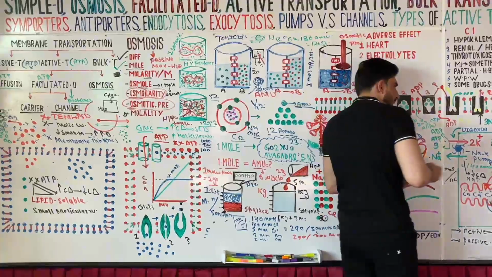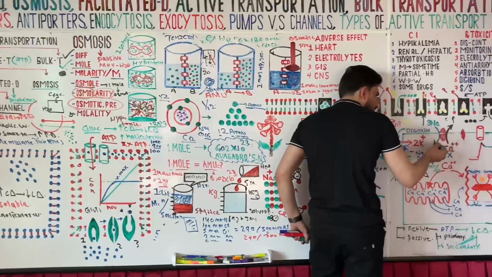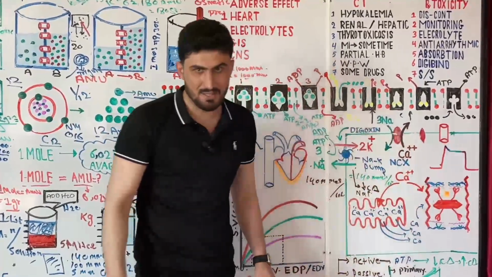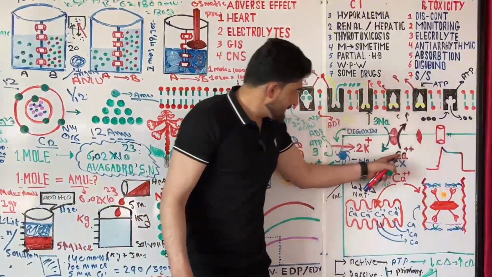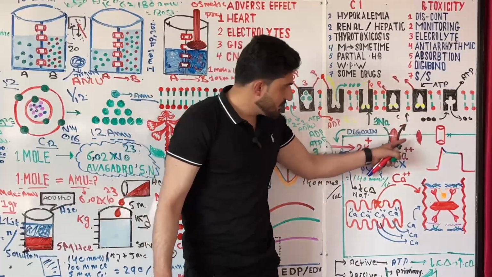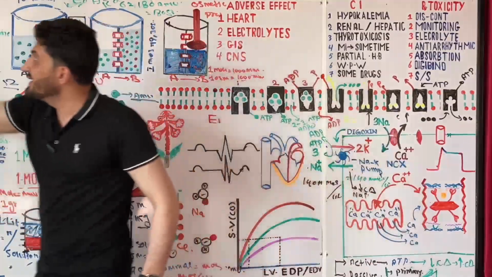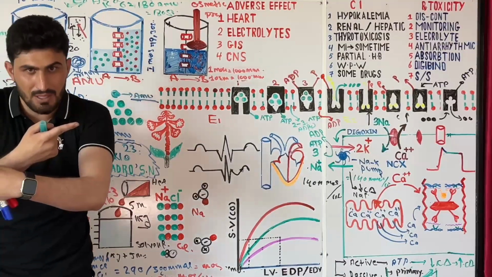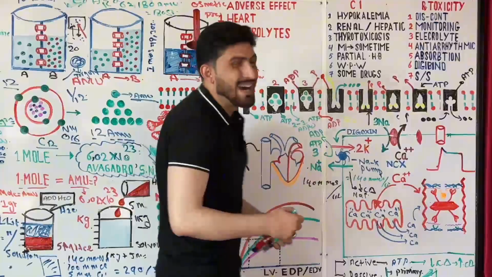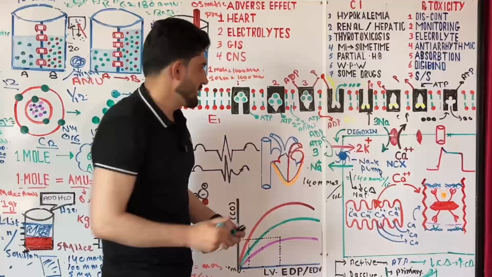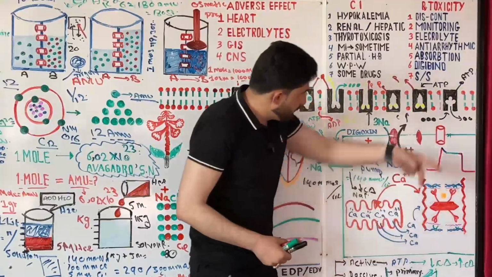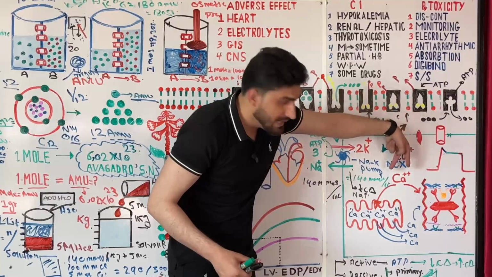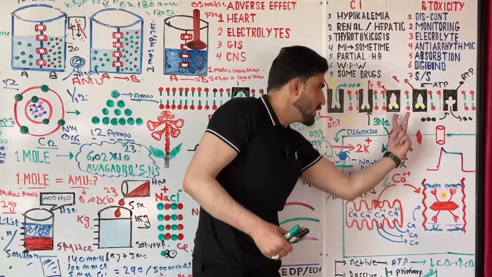If one substance goes from the outside to the inside and one goes from the inside to the outside, this type of secondary active transportation is called antiporters, against each other, or counter transportation.